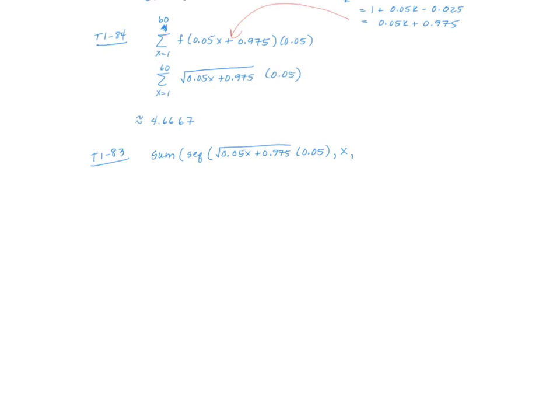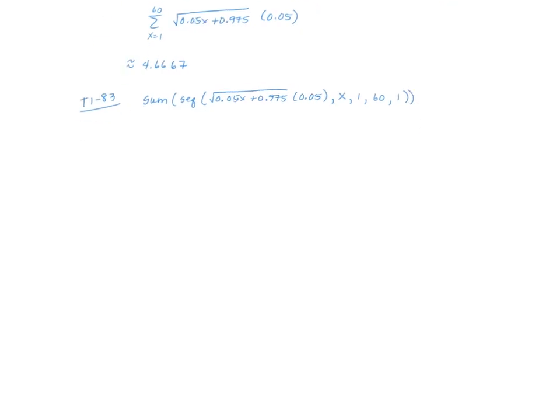You're going to start with an x value of 1. You're going to end with an x value of 60. And increments of counting will be 1. And now you have to do double parentheses to close all of this. Once you enter that in your calculator, you should get the same value, 4.6667.